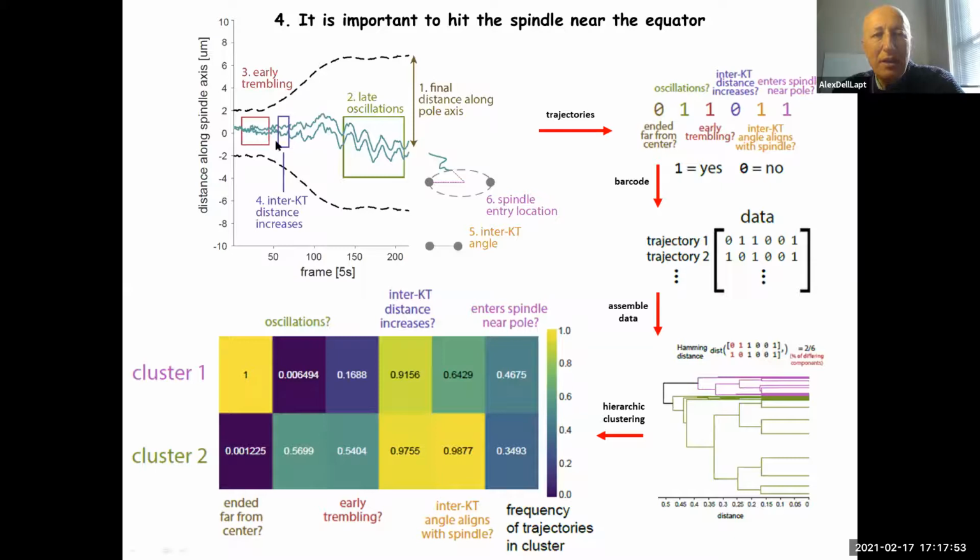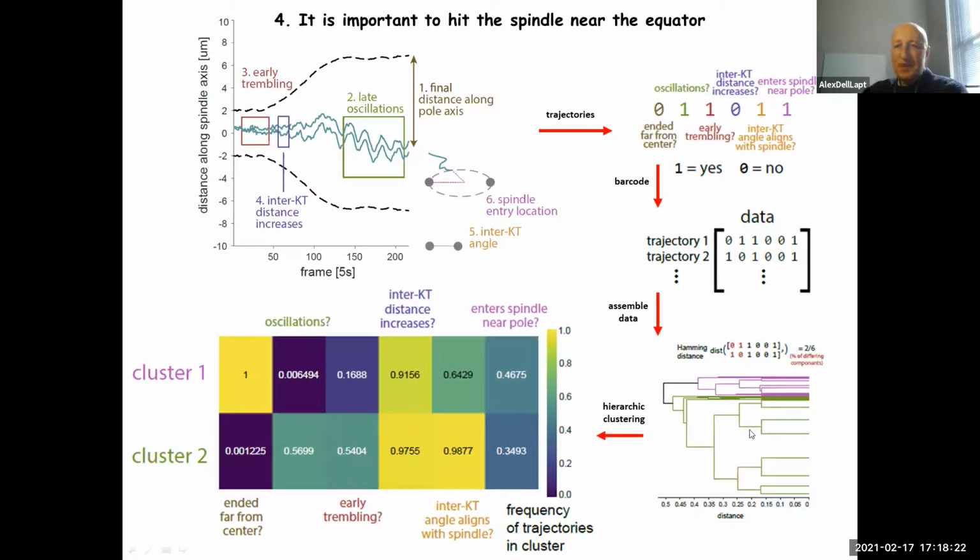Of course, interkinetochore distances, the spindle angle. We also measure late oscillations of the chromosome at the equator. That's normally the signature of proper attachment. And of course, where the chromosome hit the spindle. So then we convert it into binary data, assemble the data for each trajectory, do clustering of the trajectories.